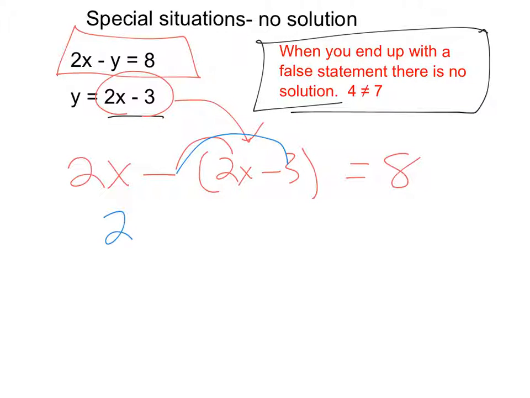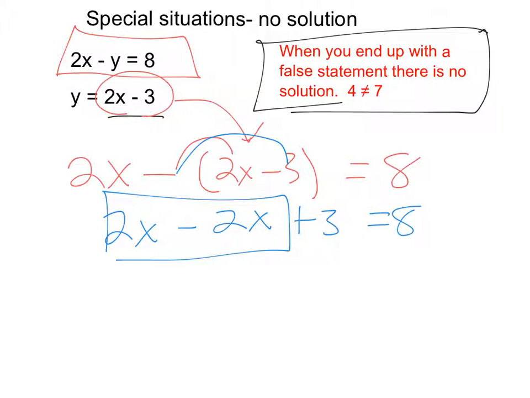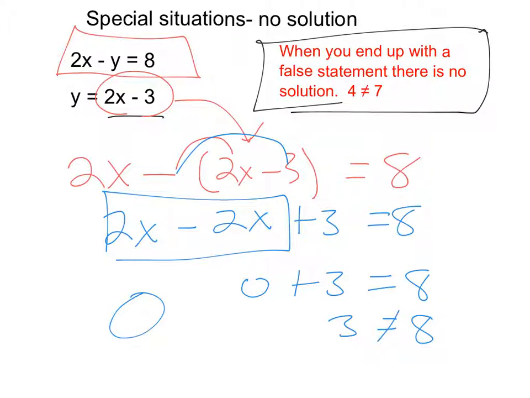When I do that, I get 2x minus 2x plus 3 equals 8. 2x minus 2x ends up being 0. So 0 plus 3 equals 8, and we know that 3 is not equal to 8. So in this case, we have no solution. And I don't need to go solve for the next variable because there's not one.